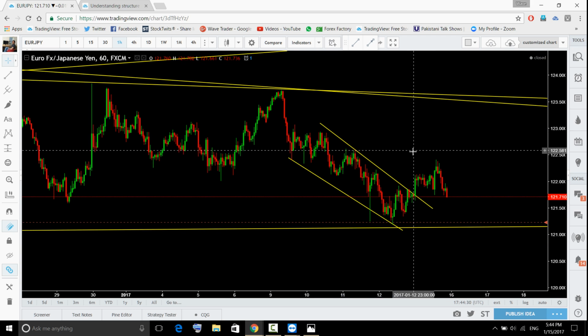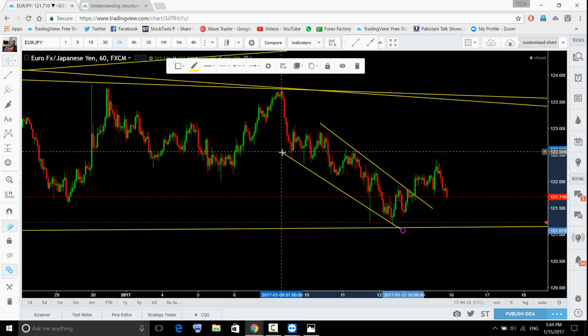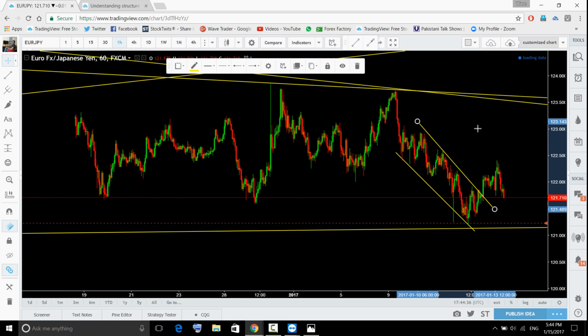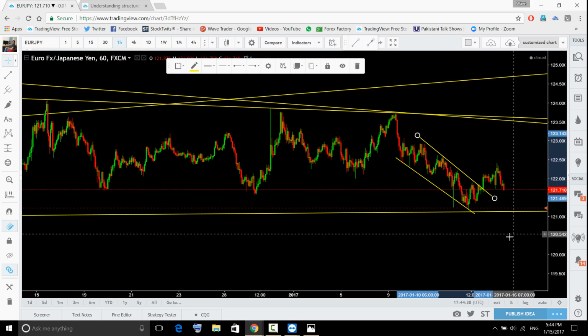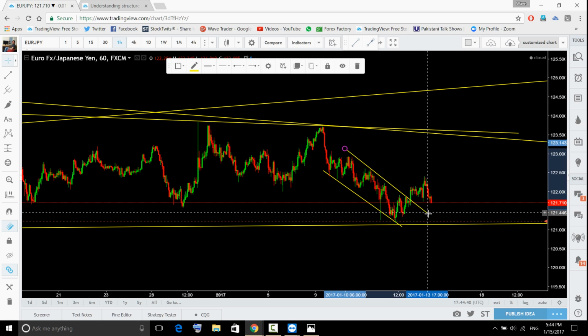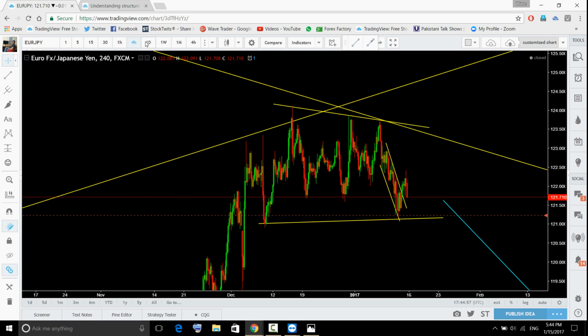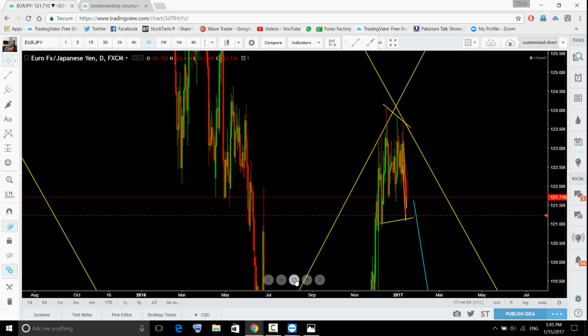I'd prefer to take this trade out at break even rather than closing my profit somewhere here. So I'll try to take this trade on break even. If price comes to the top and stops me out, then it's all right, it's not a big deal for me.